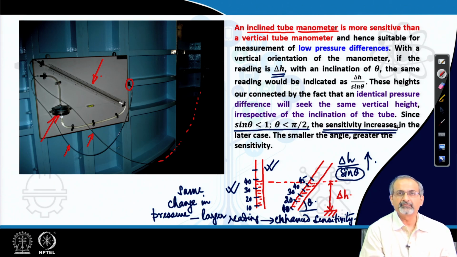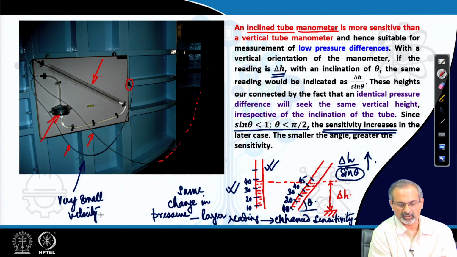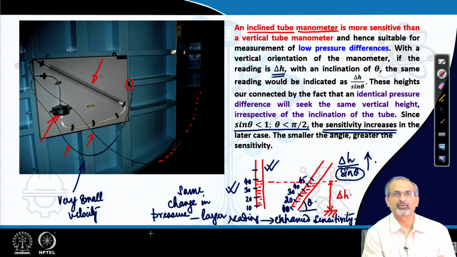So, when you are measuring very low pressures, let us say you are running this wind tunnel at very small velocity, your fan is rotating at a very small RPM, and therefore you have a very small velocity to be recorded. Naturally, the delta H will be very small as well.